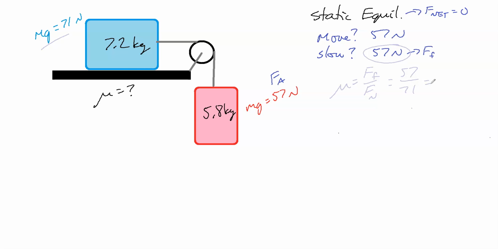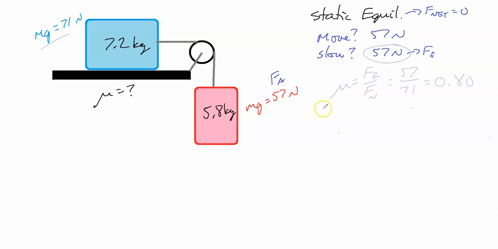And all I then have to do is divide the 57 by the 71, and I got a coefficient of friction of about 0.80. So that coefficient of friction will be required in order to cause the thing to perfectly just not move. If the coefficient of friction is any lower than that, this thing is going to start accelerating. If it is higher than that, it still just isn't going to go anywhere.